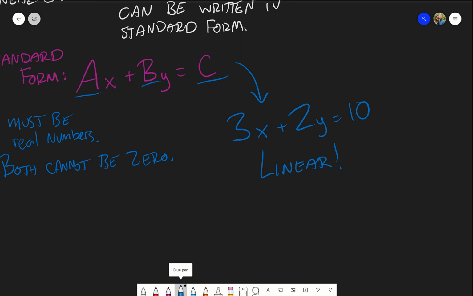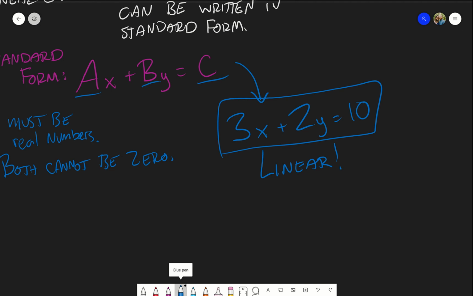It's not always going to be given to you in standard form. It might be given to you in a different form, or all jumbled up. This is where we use that fun lesson where we reorganized all of our equations to get them into standard form.